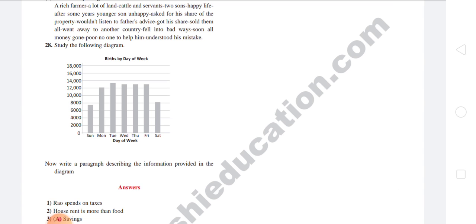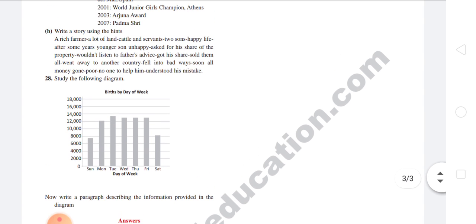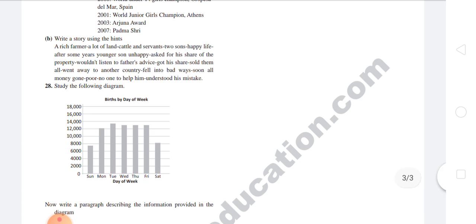Write a paragraph describing the information provided in the diagram. We have to write the whole information in our description. That is our duty to do. If you do this 100%, we will get 5 marks.